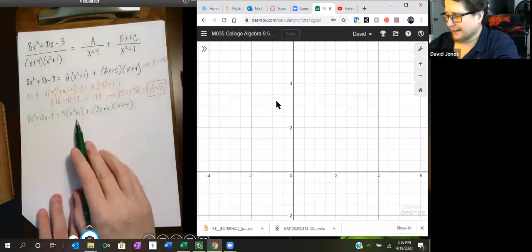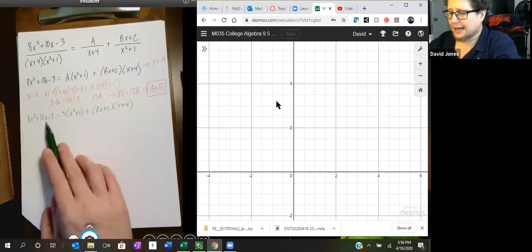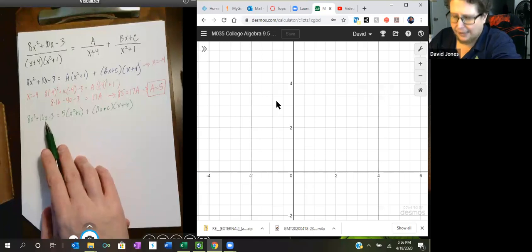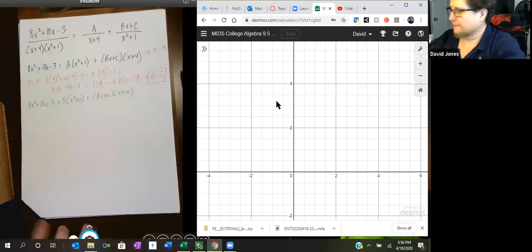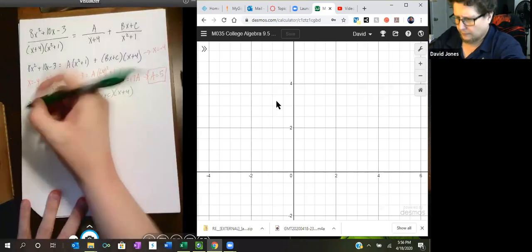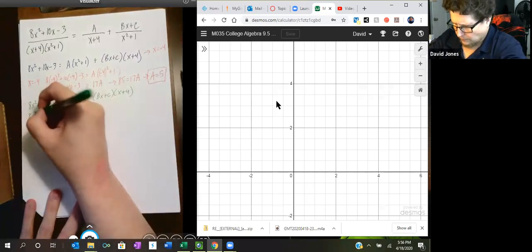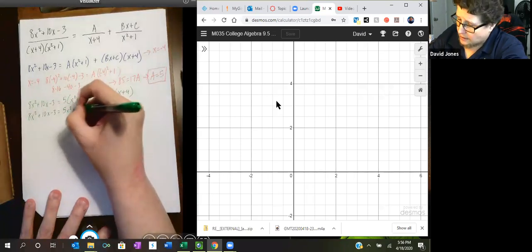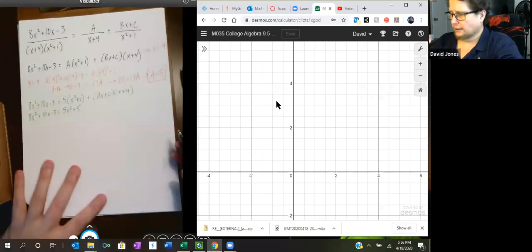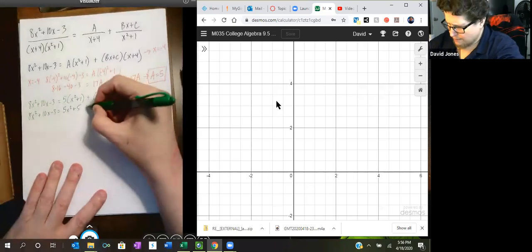Not very friendly, because I could make that 0, but what do I put in for x? I end up having to put in i or negative i, and it's complex. I'm not really comfortable doing that. I want to see what happens if we just work it out. That's that one. Here we got to distribute. Take your time.